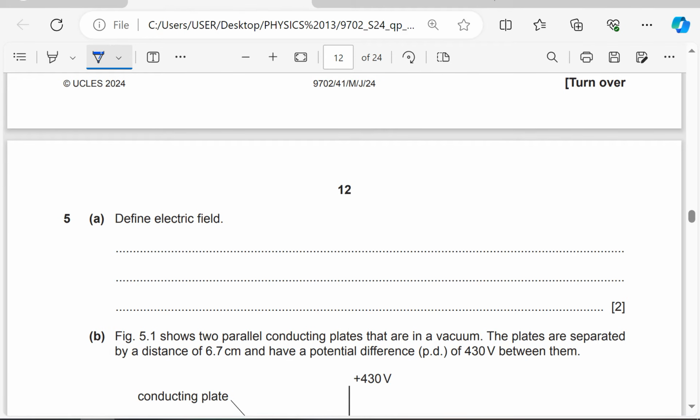So define electric field. I said you can find it as a region of space, but when someone talks about electric field, you should always be looking at electric field as force acting on a unit positive charge.